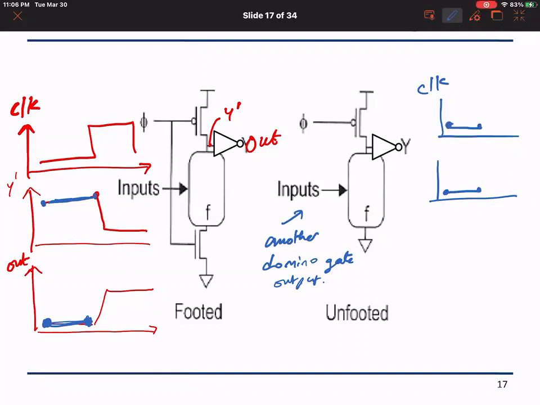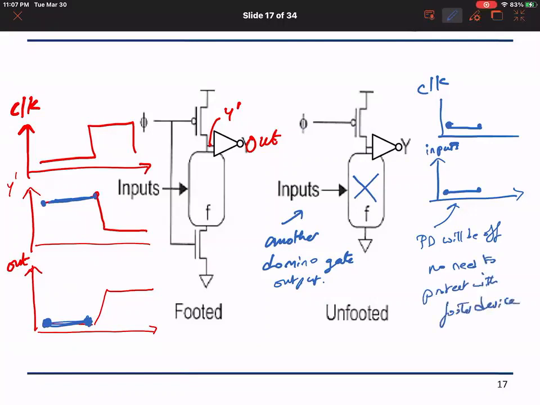And since the pull down will be off, I don't need to protect. Okay, so in here, these are the inputs. This means that the pull down will be off and no need to protect with a footer device. So we only use footer devices when the previous gates are non-domino or when I have primary inputs.